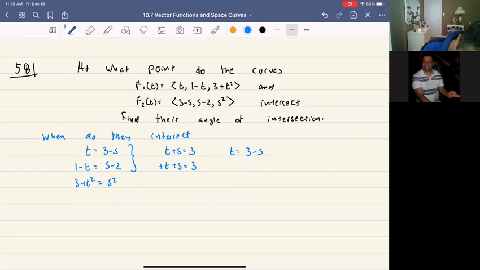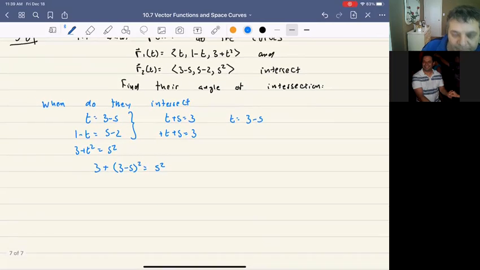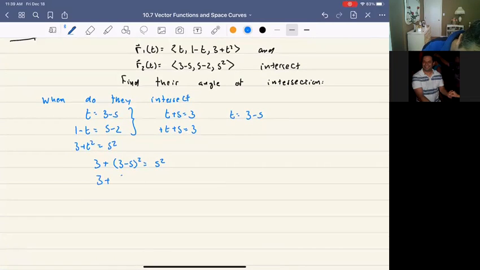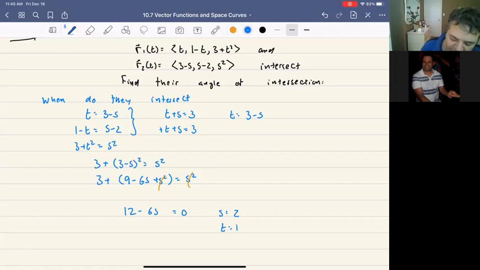Okay, so 3 plus (3 minus s) squared equals s squared. 3 plus 9 minus 6s plus s squared equals s squared. These s squareds cancel. So I get 12 minus 6s equals 0, s equals 2. So if s equals 2, t equals 1.